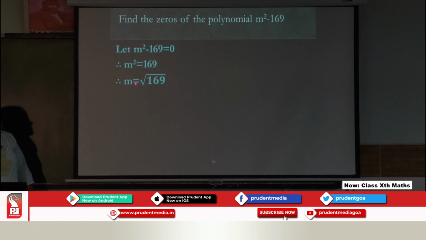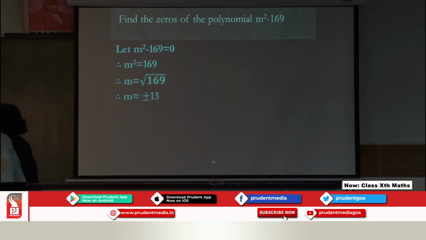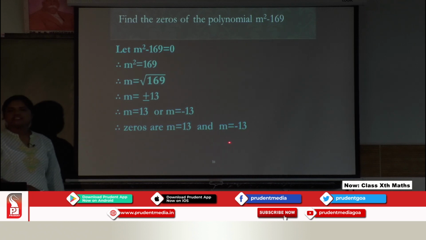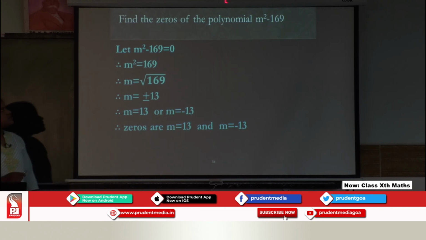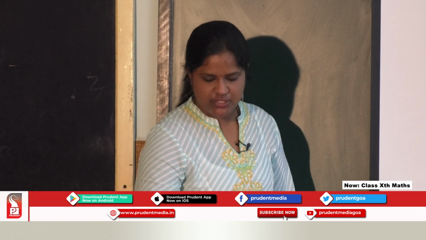So I have m is equal to square root of 169. The square will change to square root. Therefore I have two answers: plus or minus square root of 169, which is 13. So m is equal to 13 or m is equal to minus 13. Therefore the zeros are m equal to 13 and m equal to minus 13. So this was a perfect square and the previous one was not a perfect square.